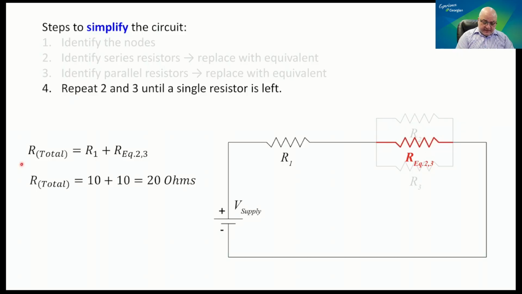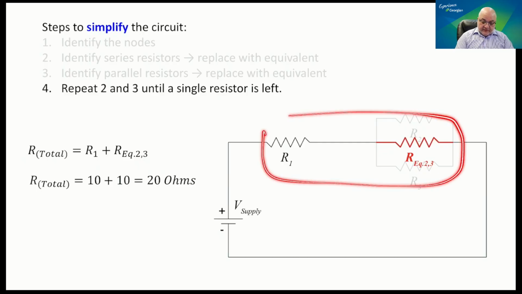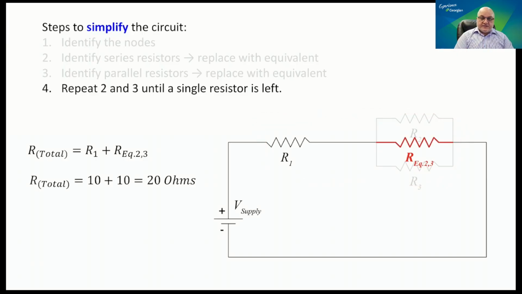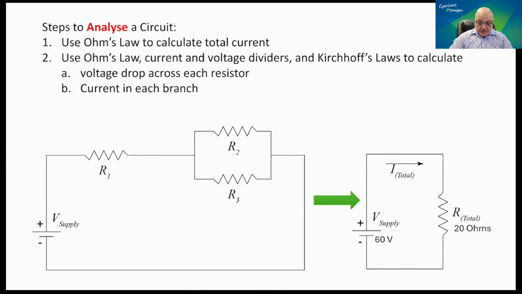And if that's the case, then the equivalent of those two is going to be R total, because there is no other resistor left in the diagram. So R total is equal to R1 plus R equivalent 2 and 3. R1 is 10 ohms, and the R equivalent we just calculated is 10 ohms. So their equivalent is going to be 20 ohms.